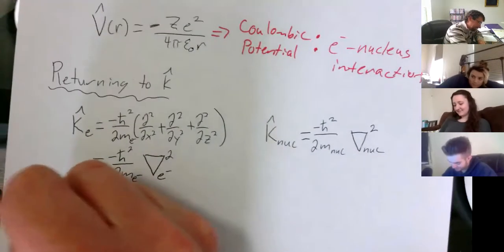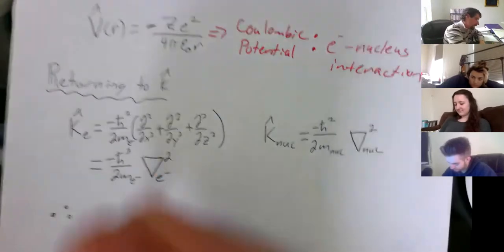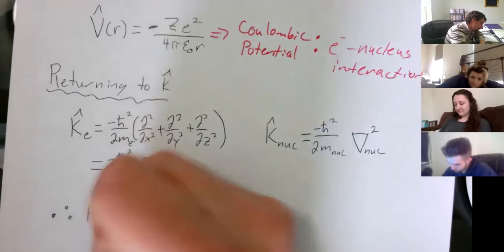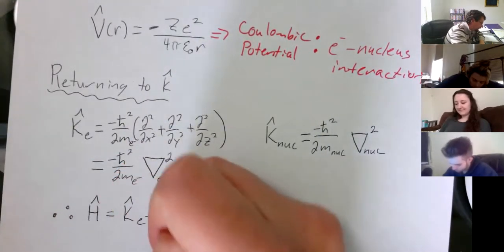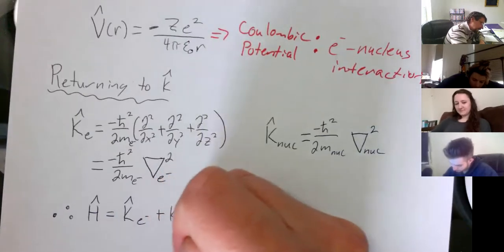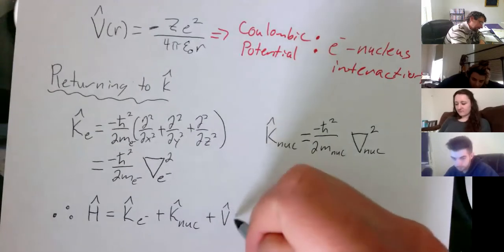Okay, now let's combine all of our stuff into one Hamiltonian. The kinetic energy of the electron, the kinetic energy of the nucleus, and then that potential.